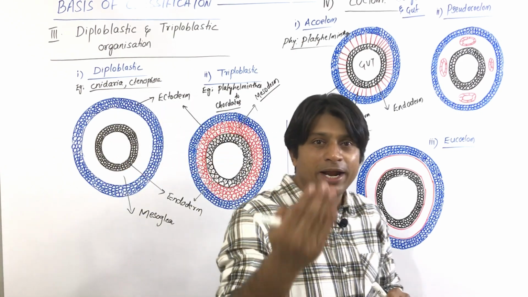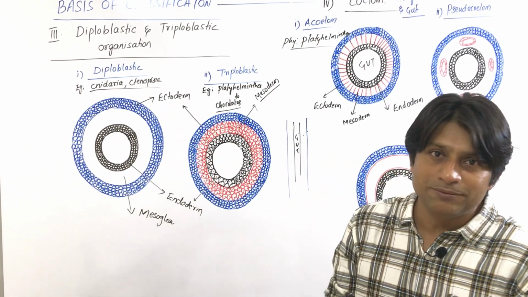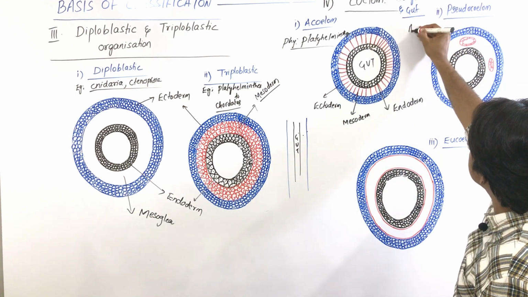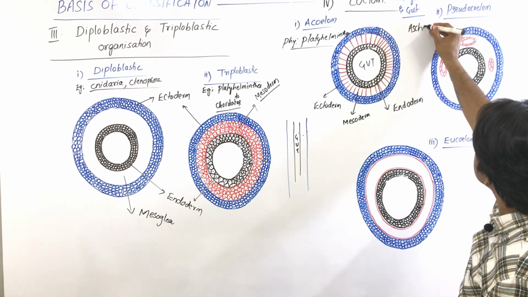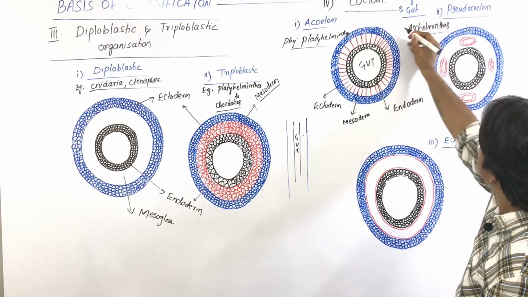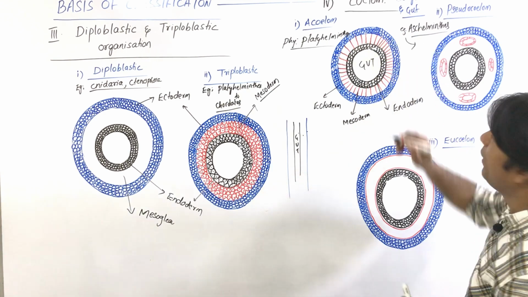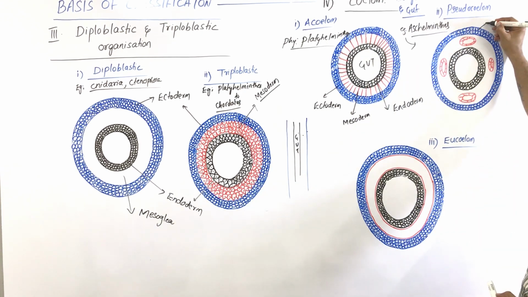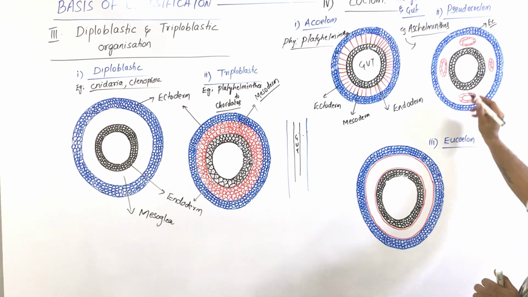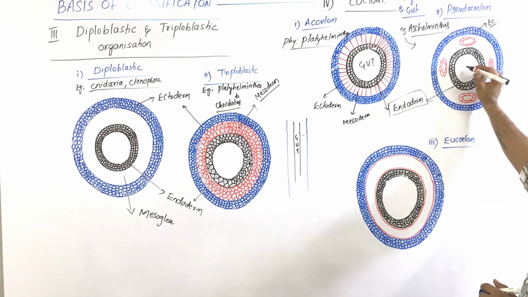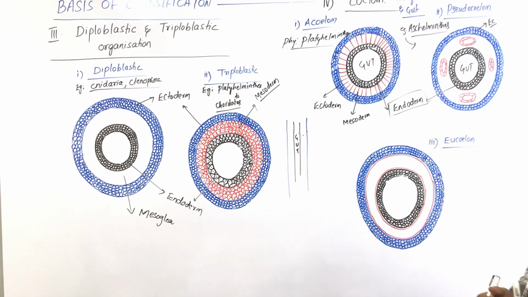Next, just look at another one, the phylum Aschelminthes. We call them roundworms. In that, just look here. This is the outer layer, that is ectoderm, that forms the body wall, and this is the endoderm that lines the gut called the alimentary canal.